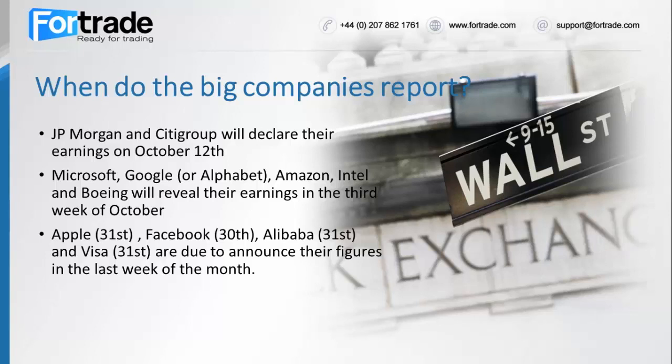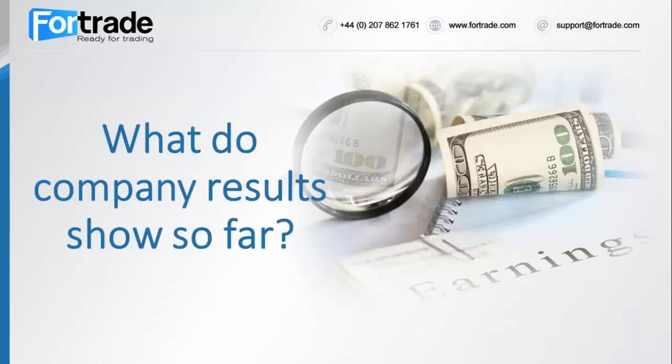Microsoft, Google or Alphabet, Amazon, Intel and Boeing will reveal their earnings in the third week of October, while Apple, Facebook, Alibaba and Visa are due to announce their figures in the last week of the month. You should bear in mind that at this stage, some company earnings dates are subject to change.